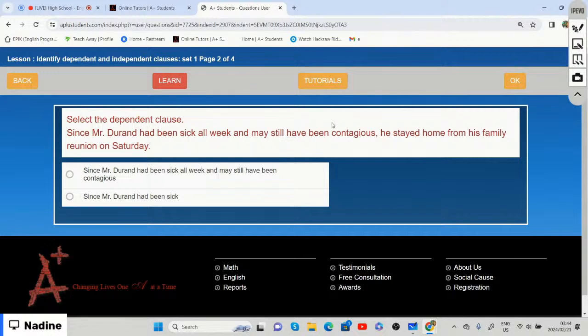We need to select the dependent clause. Since Mr. Duran had been sick all week and may still have been contagious. Or we just say since Mr. Duran had been sick. So since Mr. Duran had been sick all week and may still have been contagious.